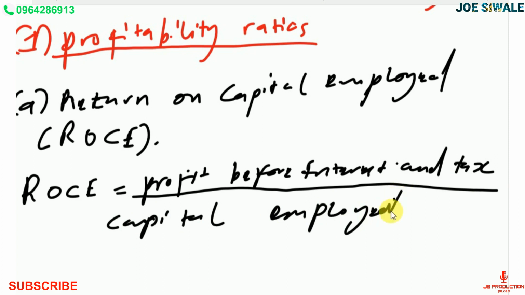So this is the formula that we use when finding the return on capital employed. We say profit before interest and tax divided by capital employed.